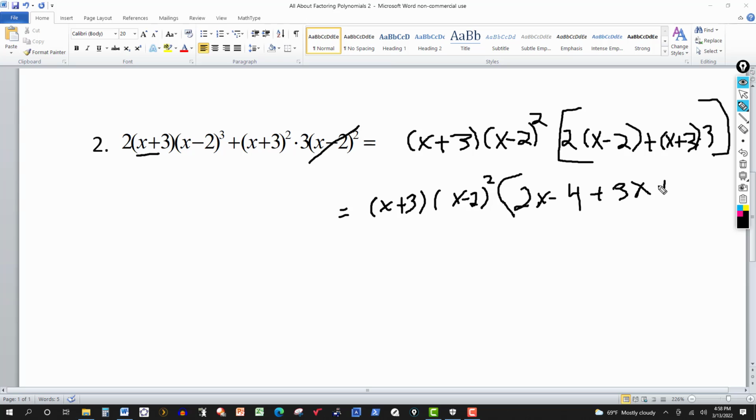So you get 2x minus 4 plus 3x plus 9. Everything stays the same over here. It's still going to be x plus 3 and x minus 2 squared. And then we have 2x plus 3x here. We can combine the x terms, that's a 5x. And then minus 4 plus 9 is a plus 5.